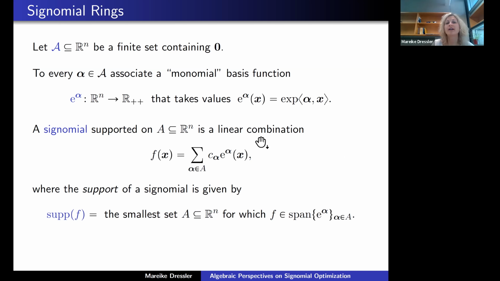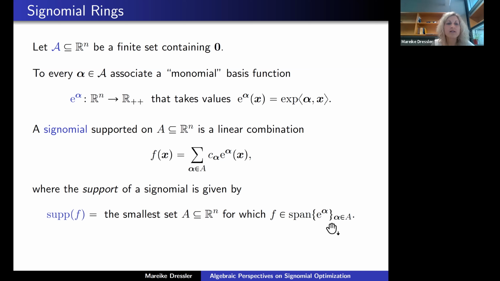We saw earlier already that we can write a Signomial as a linear combination of our basis functions e to the alpha x. And this A here is then the support, which, as you probably all know from polynomials, is just the smallest set for which f lies in the span of our basis functions.